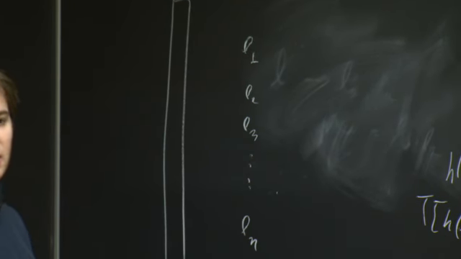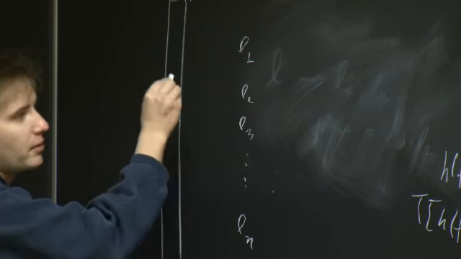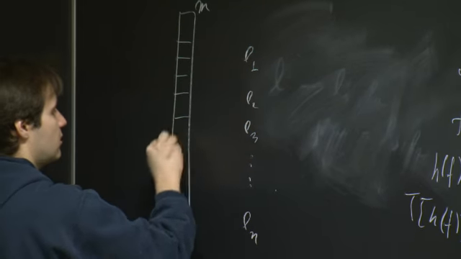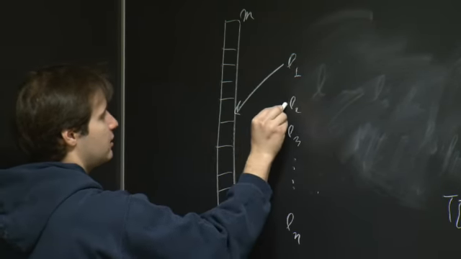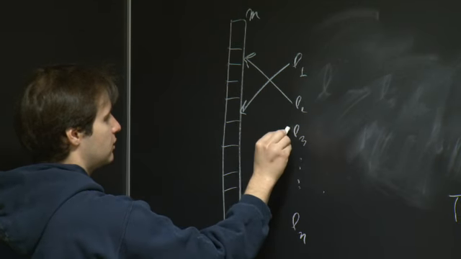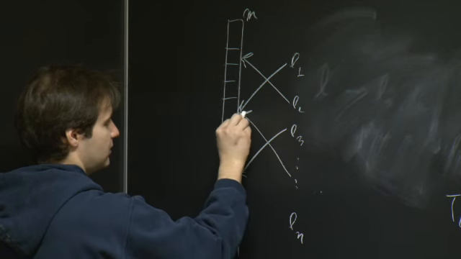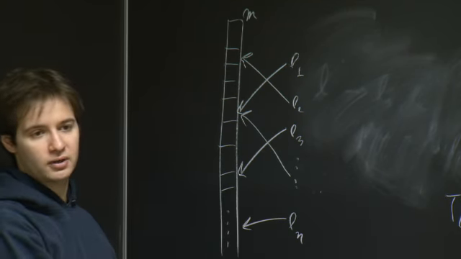How do we put them in the table? We hash each of them, and each of them maps to a random slot in the table. If these are the slots, then E1 might map here, E2 might map here, E3 might map here, E4 might map here, and so forth. So I have arrows, right?